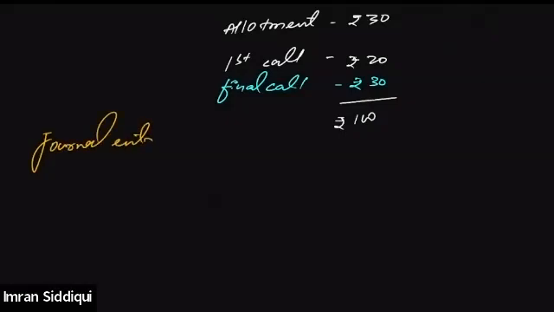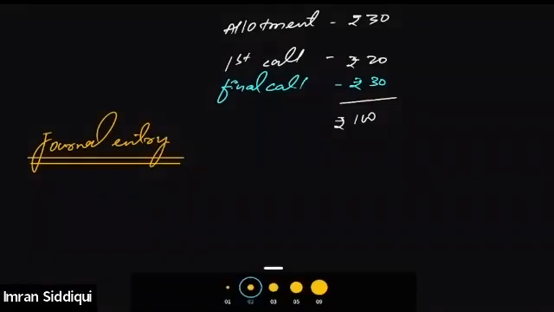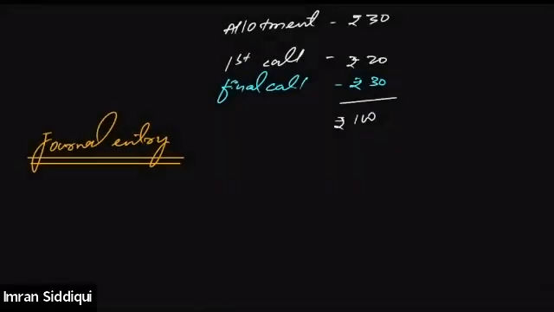Now we'll pass the entry. We will first of all pass the entry for the application. For each installment, we'll have to pass two entries: one for making it due, and second for the receipt of that installment. But first of all, let's talk about the application. First of all, we'll receive the amount of application.